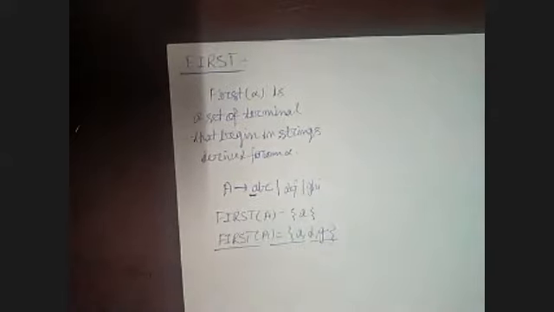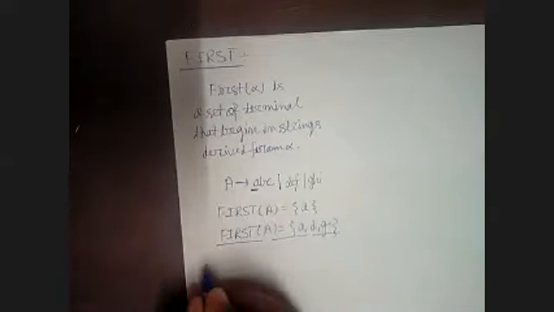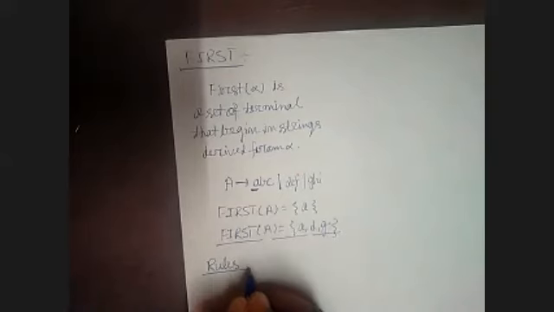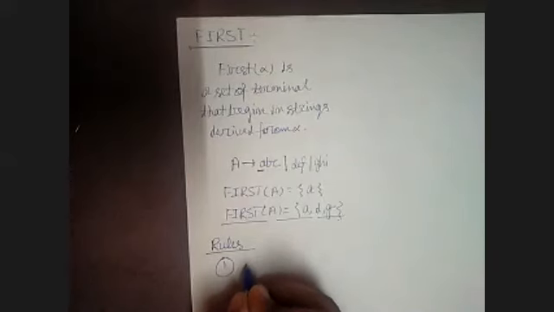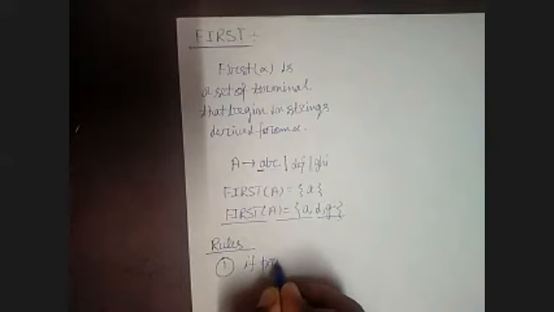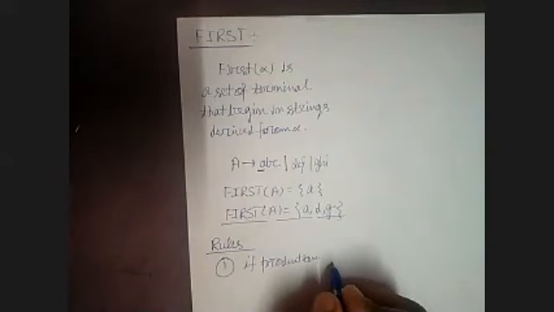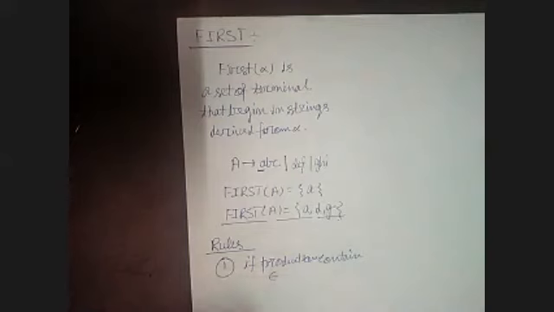Now, some rules are applied to find out the first, right? So rule number one. Okay, the first rule: if production contains epsilon, means X tends to epsilon, then first of X, this is capital, right?